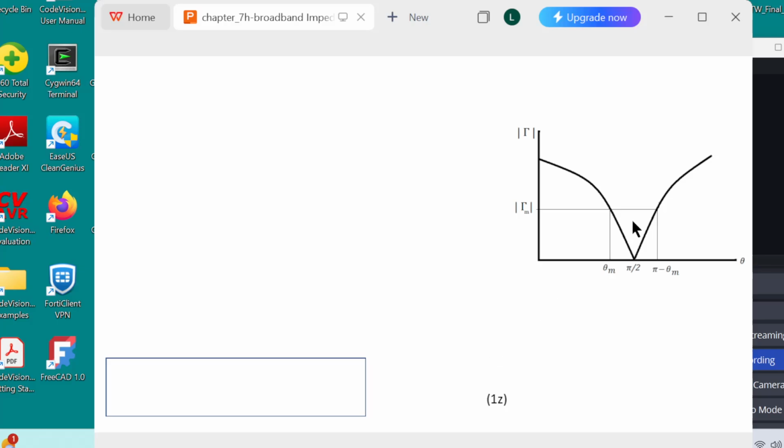Now, on the other hand, instead of plotting the absolute value of gamma against frequency, we can also plot gamma against theta, where the horizontal axis will be replaced by the electrical length.